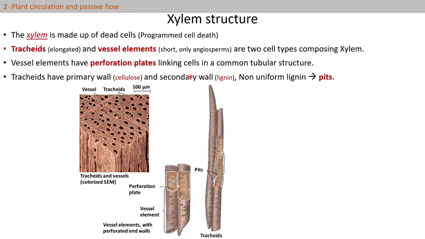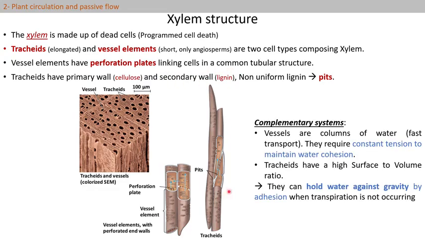So, in the xylem, if we consider an angiosperm, you will have essentially different kinds of pipes, some built by vessel elements, and some built with tracheids that have lignins. So why does it matter?